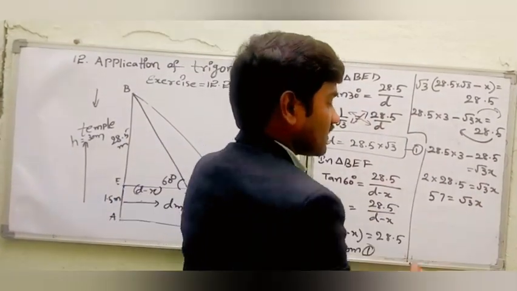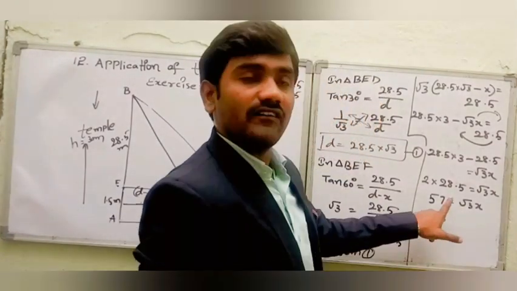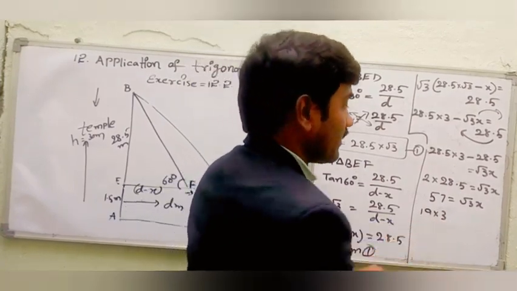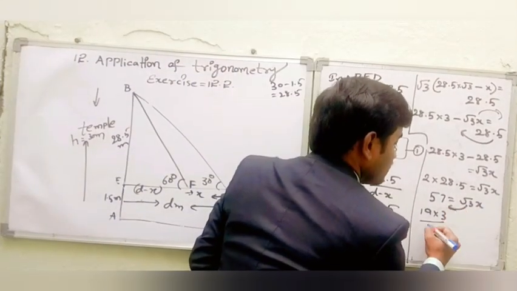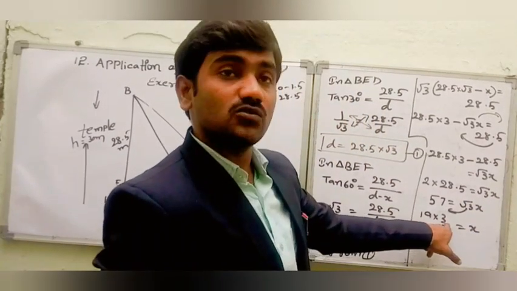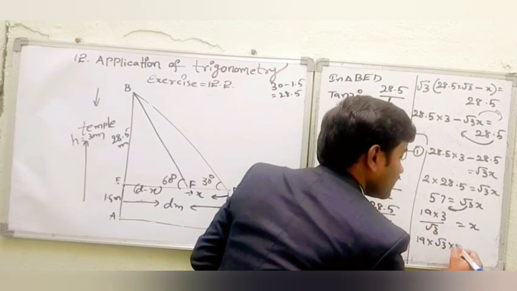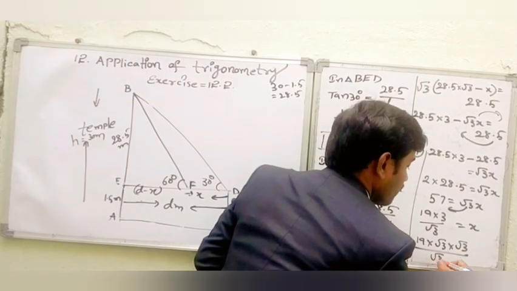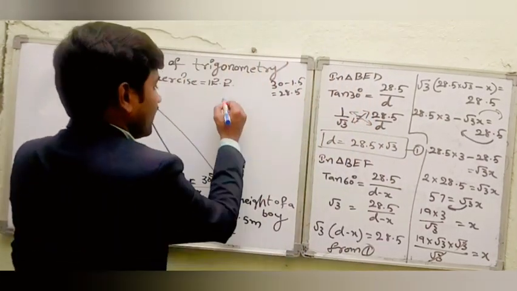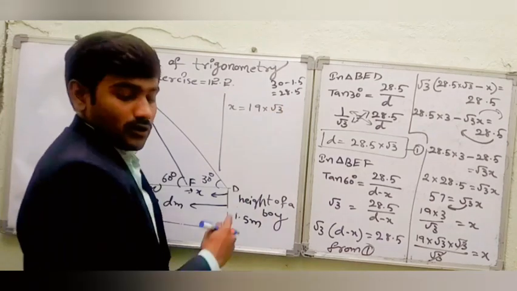This root 3 will transfer to this side. Here 19 3s are 57. This 57 can be written as 19 into 3, by this root 3, equal to X. This 3 can be written as root 3 into root 3, no? Let us write 19 into root 3 by root 3 equal to X. Root 3 gets cancelled, and X equal to 19 into root 3.